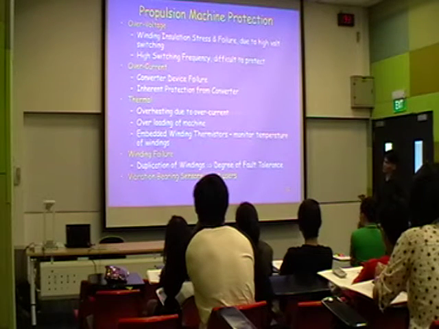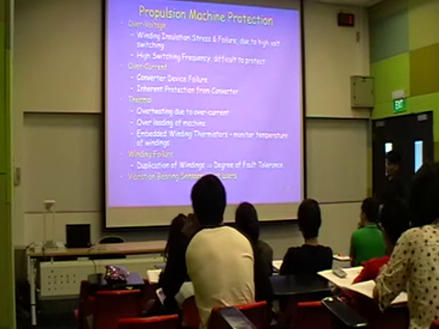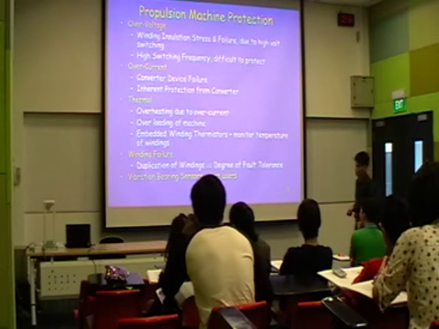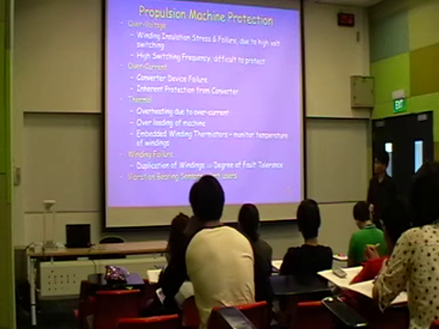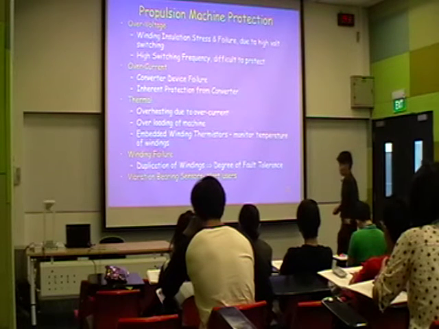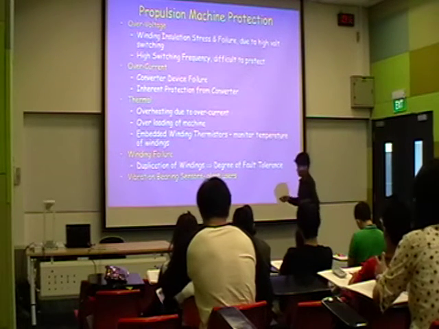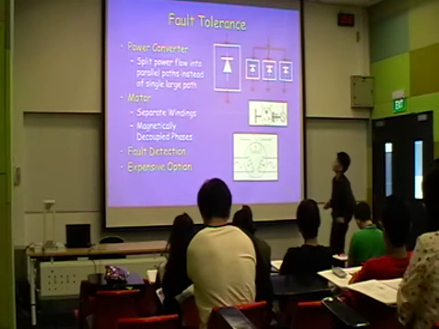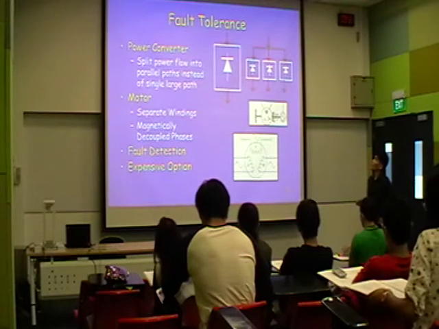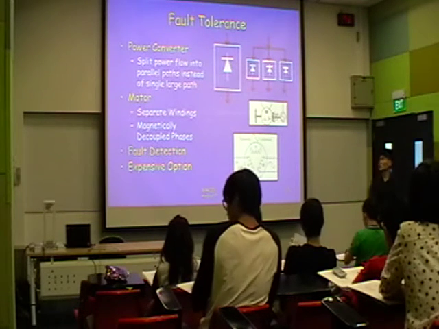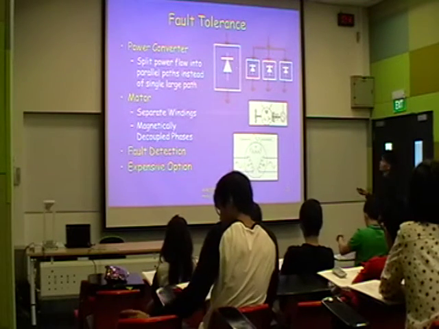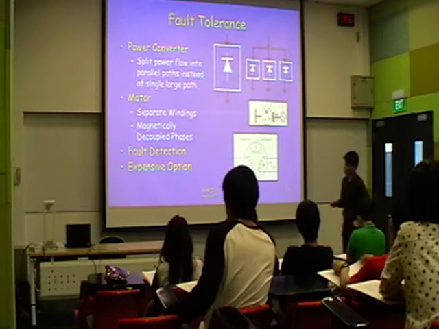And for the thermal side that you have seen just now, you can use a heat sink and so on to reduce the overheating. And there's another area, fault tolerance. What is meant by fault tolerance?